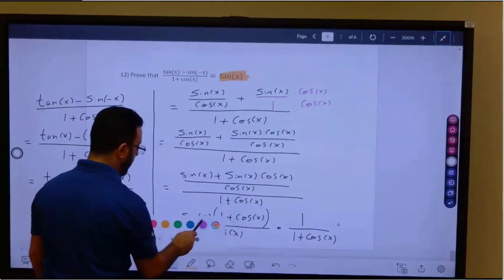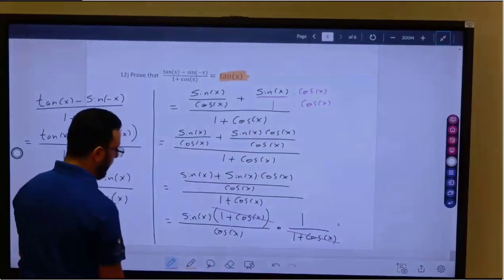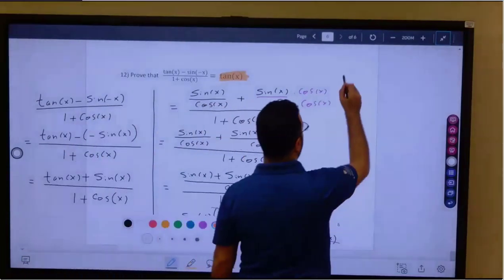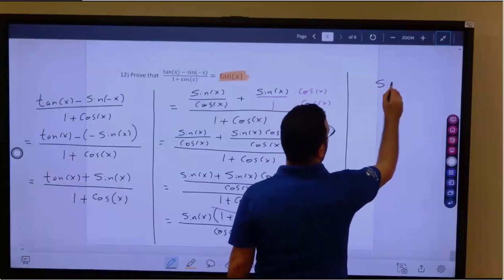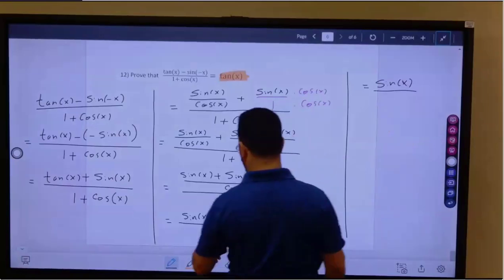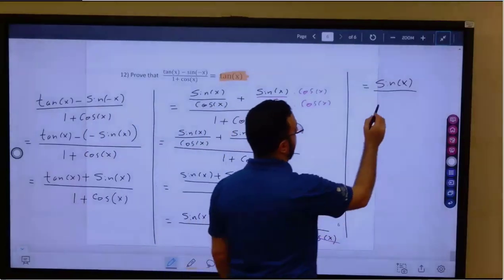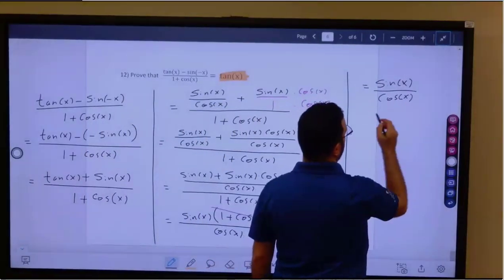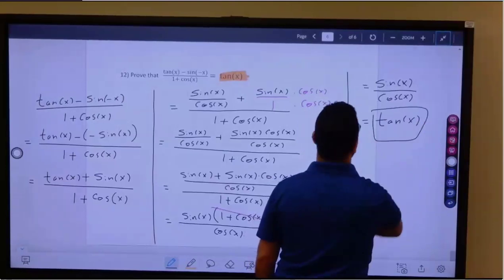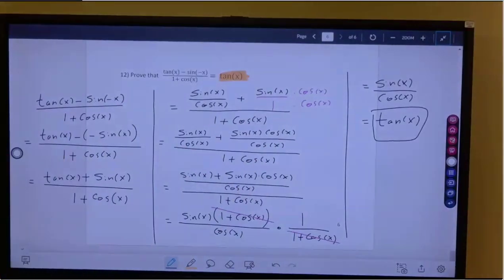What's left from the top is sine x, and from the bottom the left is only cosine x. So sine x over cosine x, which is equal to tangent x, which is the right side. That's it for this section.